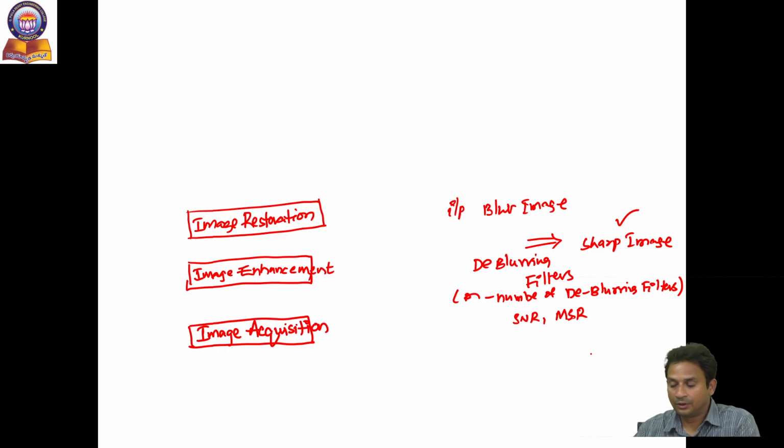The filter that produces better SNR and better mean square error will be considered a good deblurring filter for a particular application. This is a completely objective process, where the responses of the deblurring filters are evaluated by standard mathematical parameters. This is what is called the objective procedure.